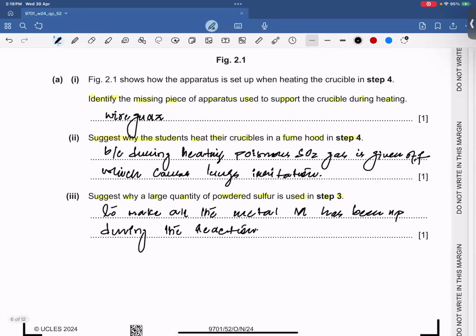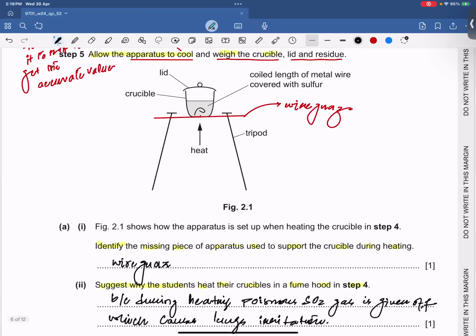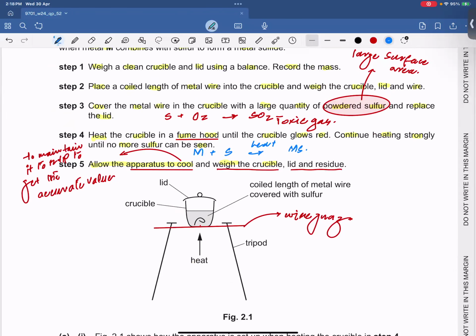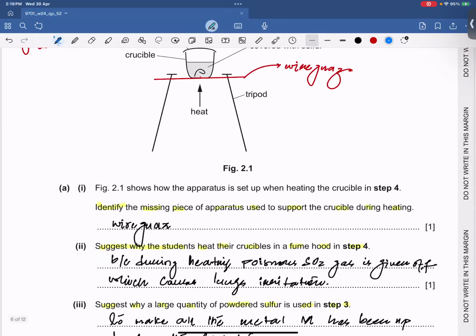That is the statement, large quantity. So what we can write here is, to ensure complete reaction with sulfur.